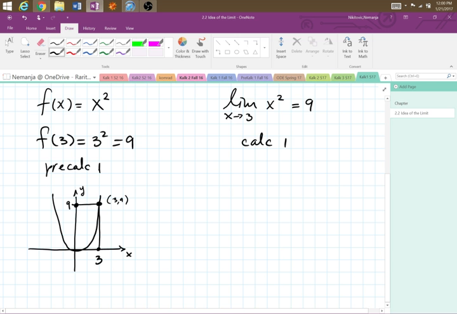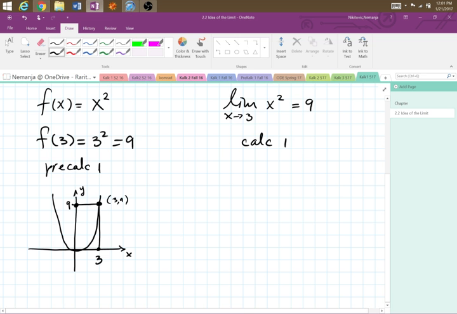So pre-calculus deals with this stationary thing where you are at 3 and you just look where is the reflection, right through that function, where is the reflection towards the y. That's it.